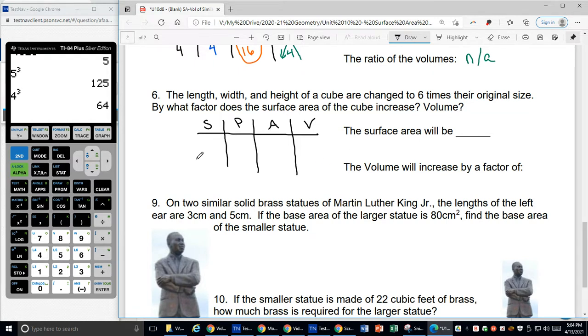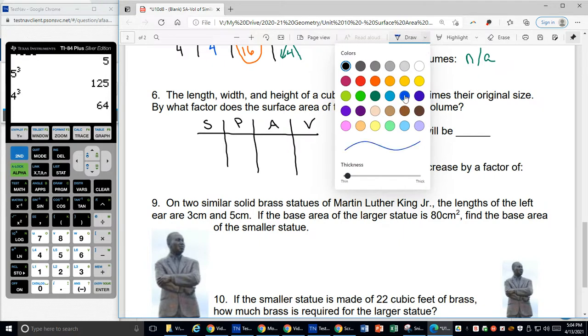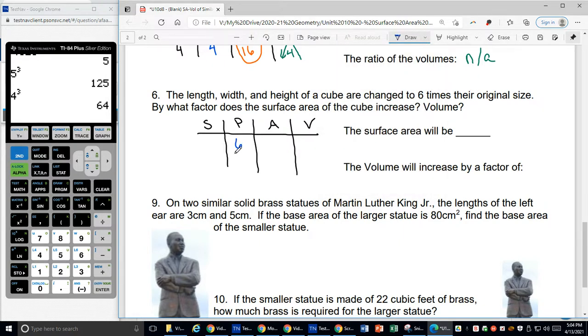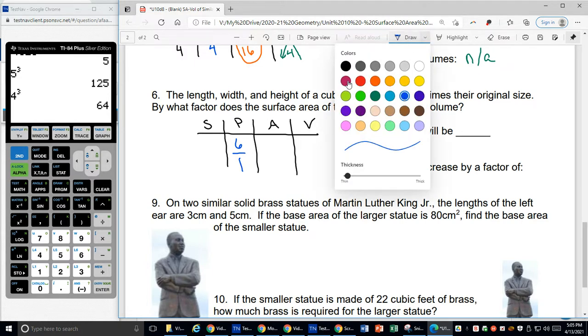Okay, all right, so I know that all of my sides are increasing 6 times the original. So that means that is a 6-to-1 ratio on the length, the width, and the height, right? 6 times whatever it originally was. So 6 times 1, right? 6-to-1, which means my scale factor is also 6-to-1.